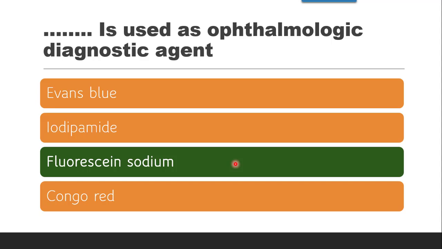Because the foreign body also, by virtue of the property of fluorescein sodium that it has a green color and the capacity to stain, a green ring will appear around the foreign bodies. So this can be used in both these conditions, corneal ulcers as well as detection of foreign bodies, and it is used as an ophthalmologic diagnostic agent.